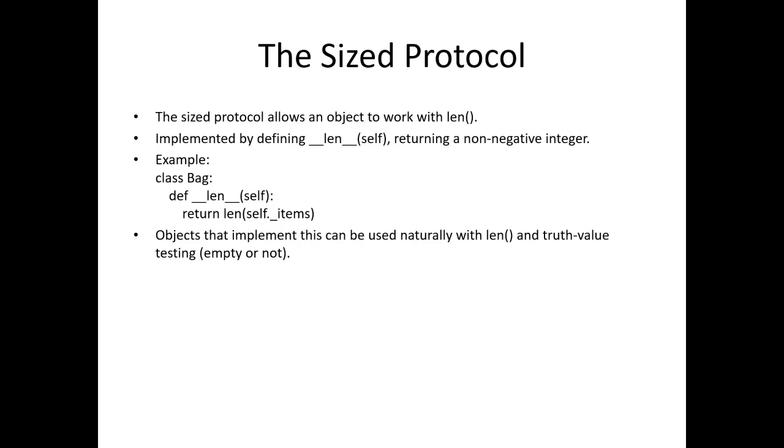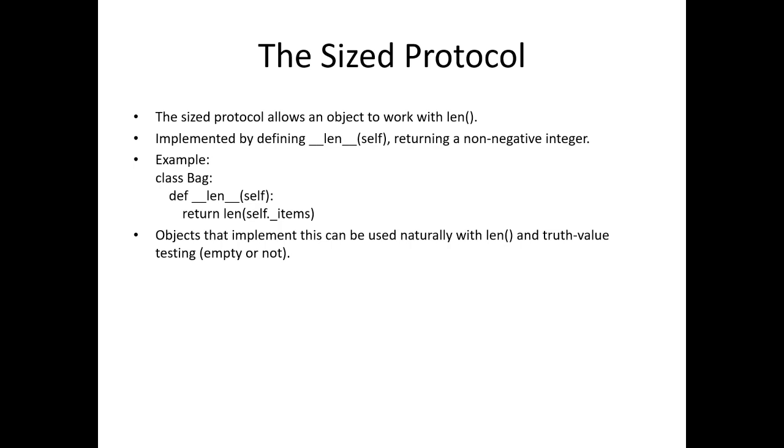The size protocol. The size protocol allows objects to work with the len function. You enable this by defining __len__(self) to return the number of elements in your collection. For example, here we have a class Bag and we have defined __len__ on the object: return len(self.items).